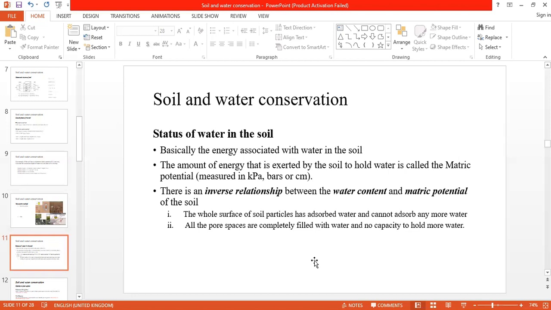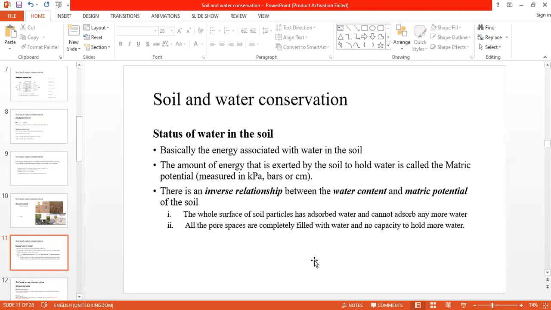This has a consequence in water conservation. As we start to irrigate, the water will be held by the soil particles. As you continue to irrigate, it will reach a point where the soil particles have attracted enough water, and the other water you're adding will simply go to waste, draining out of the soil.